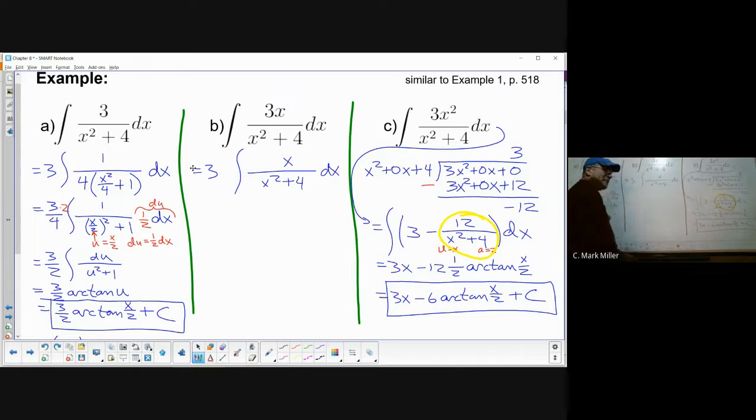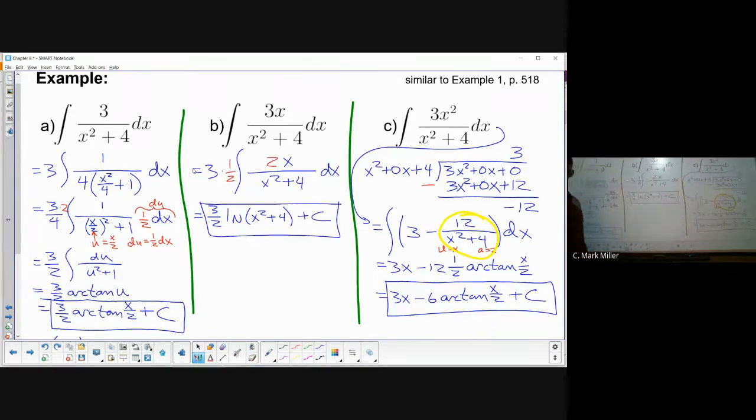I need to make the top the derivative of the bottom. I put a 2 there. Then, out here, put a half. That integrates straight to 3/2 natural log of x squared plus 4, which you don't have to put in absolute values because it's always positive, right? Plus c. And that was easy compared to the other two.